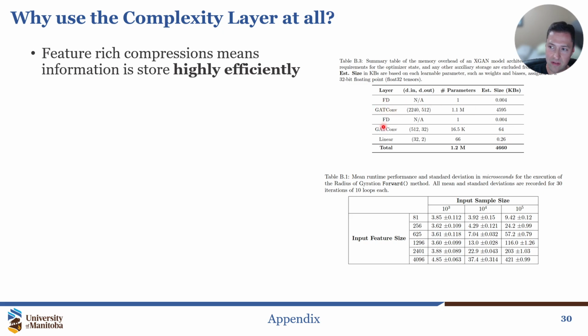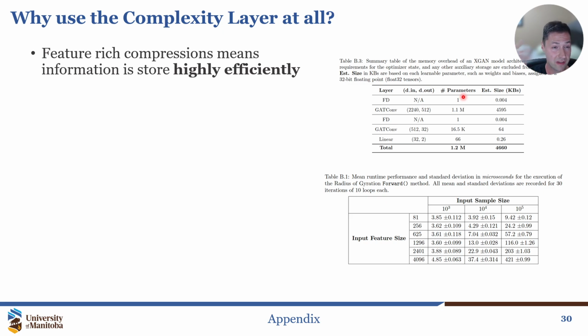Things like the GAT-conv and the linear layer are part of the vanilla layer. They're simple convolutions over the W transpose H. For these larger ones, we're looking at over 1 million parameters, large file size. The fractal dimension in and of itself, because it's something that's computed on the fly, it's not stateful at all. You actually only need 1 parameter.